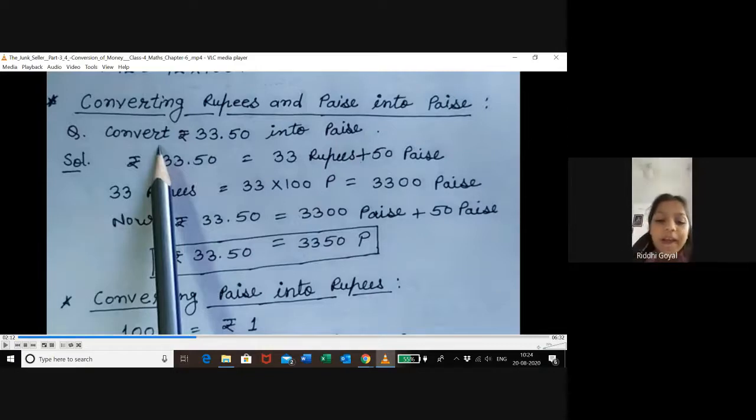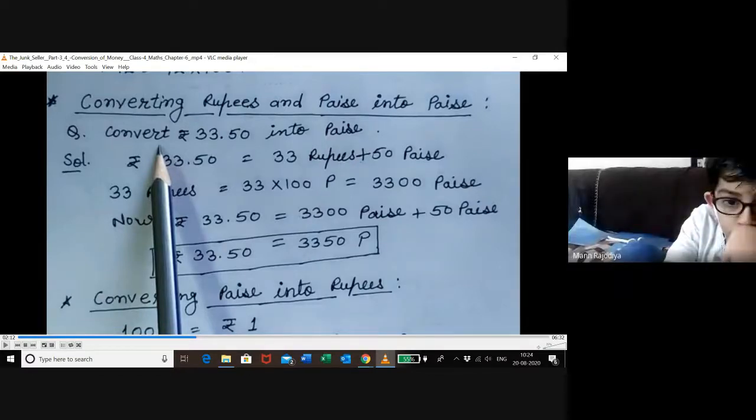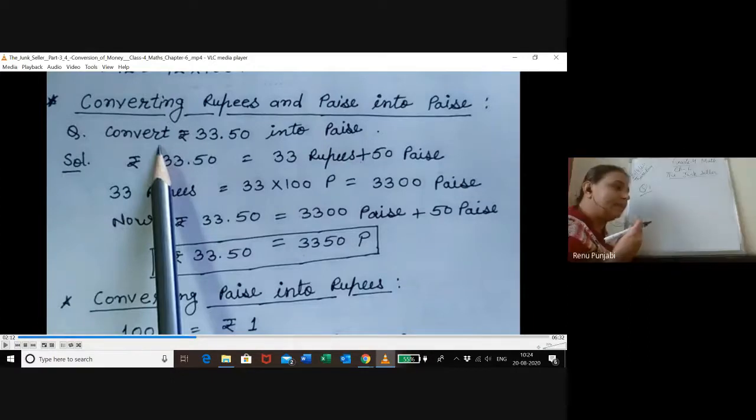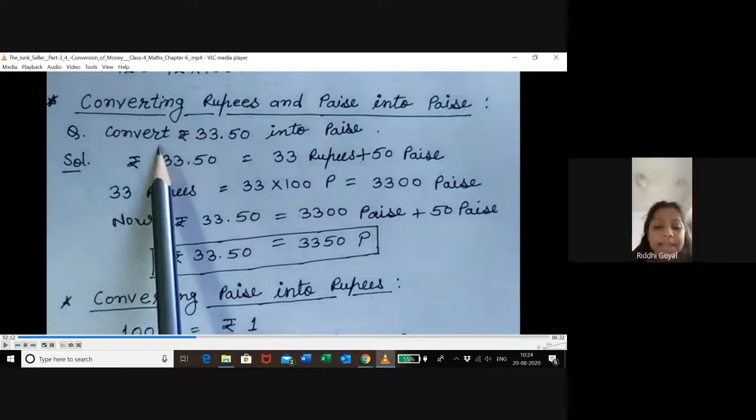If I give him one coin, it will be 100 paisa. Means I didn't understand that. You told that you went to the shop and you bought things of 100 rupees or 100 paisa? You bought things of 100 paisa.